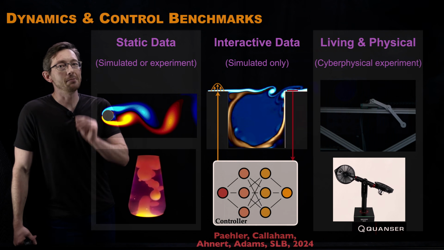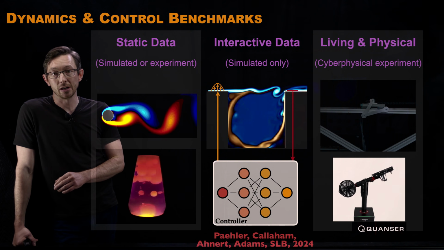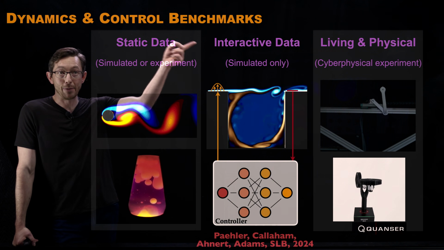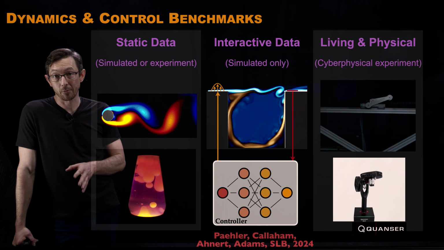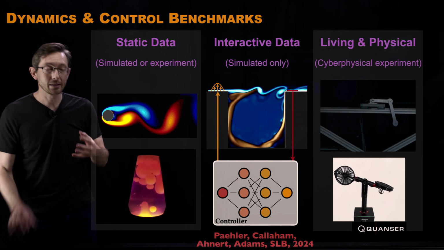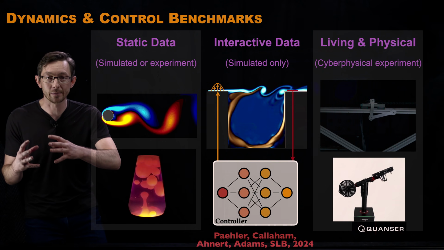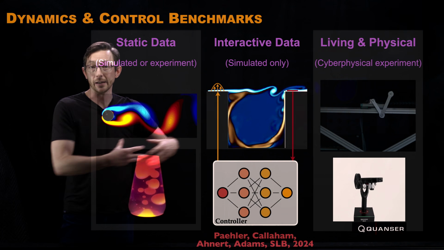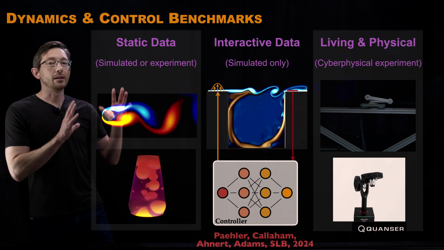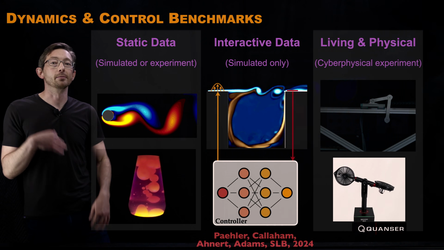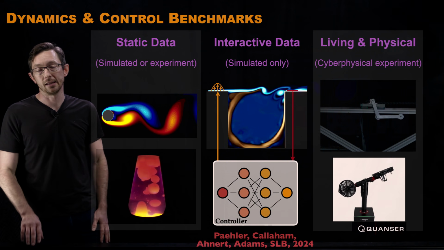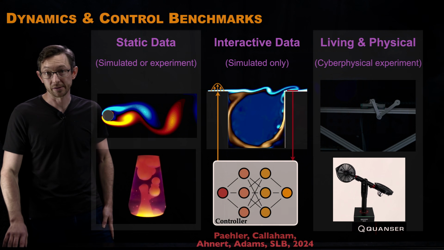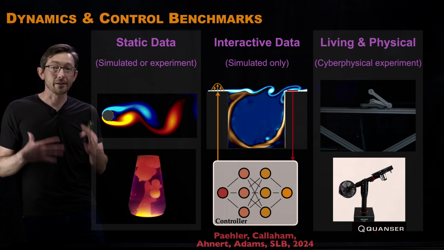But at the end of the day, most of our advances in classic machine learning were accelerated and validated through benchmark data sets and benchmark problems. And so if we are going to be moving these machine learning algorithms into science and engineering and discovery and design, then we need new benchmark problems that get towards applying machine learning to physical systems.